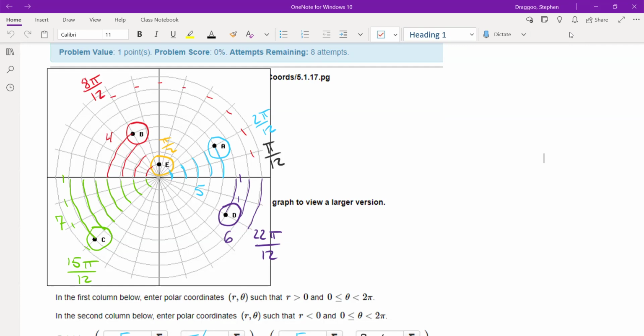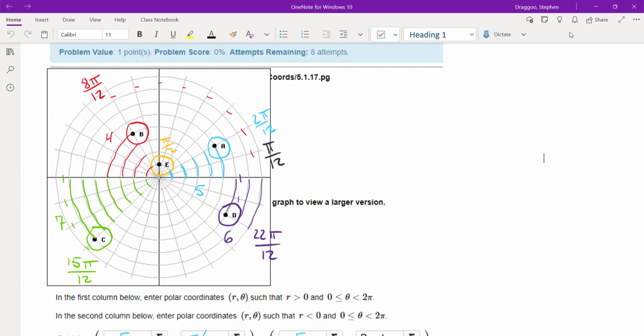If I were to try that example on another one, how about point B? I need to count all of the angles around to where B is, looking at those radially outward lines. I count all the way out to 8 pi over 12, or 8 radial lines from standard position, which is still at theta equals 0.